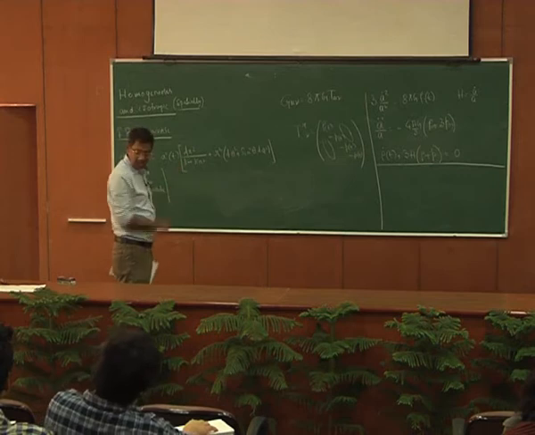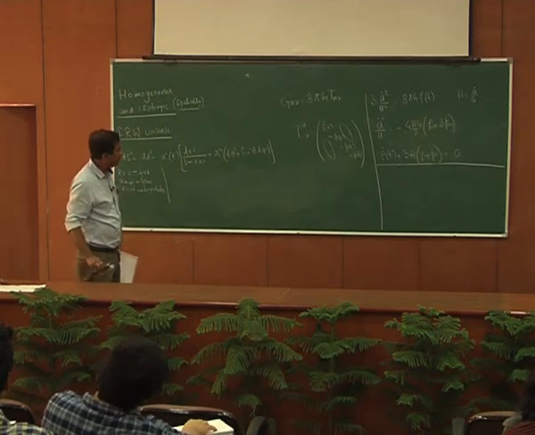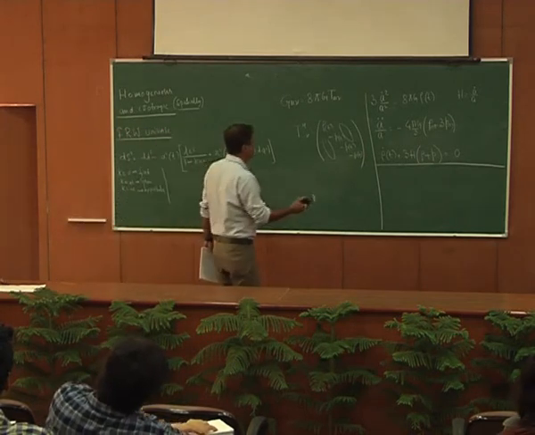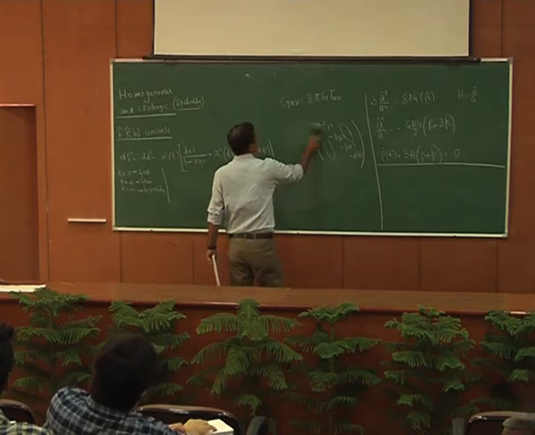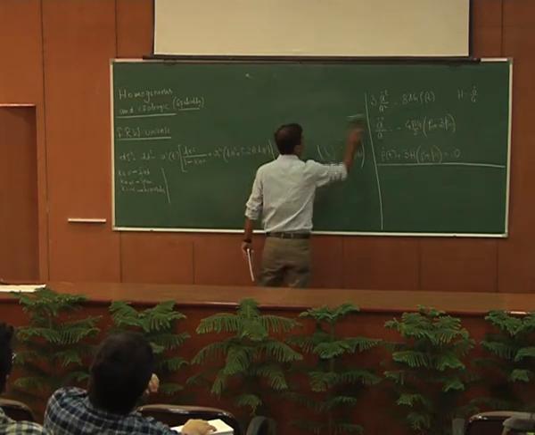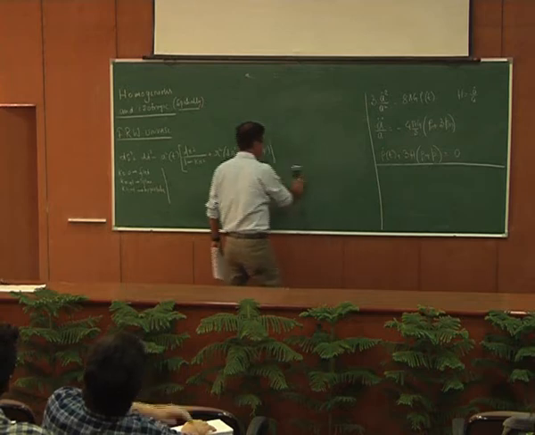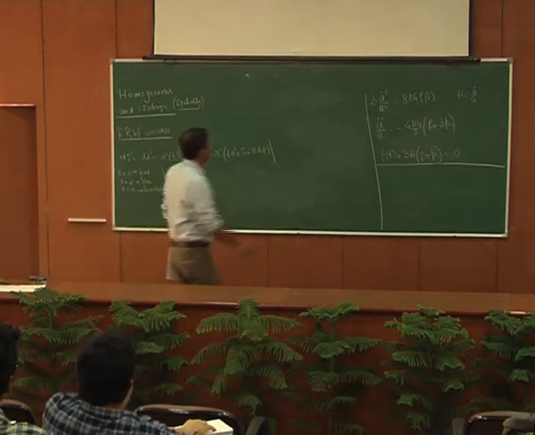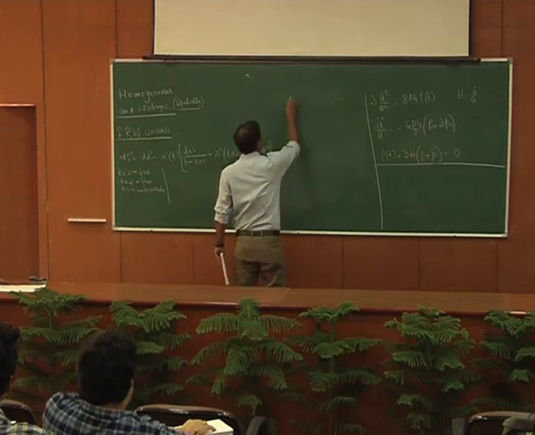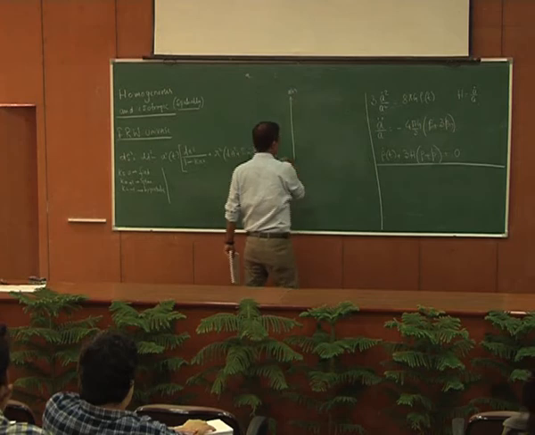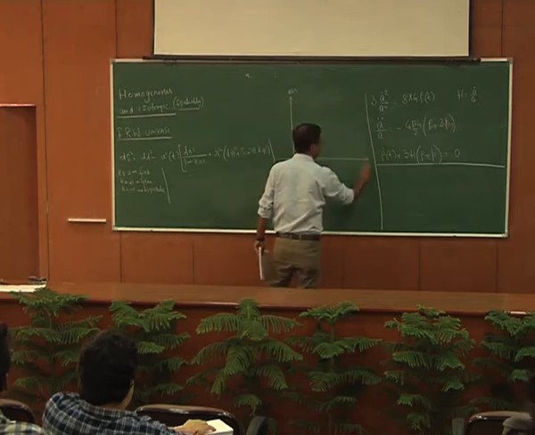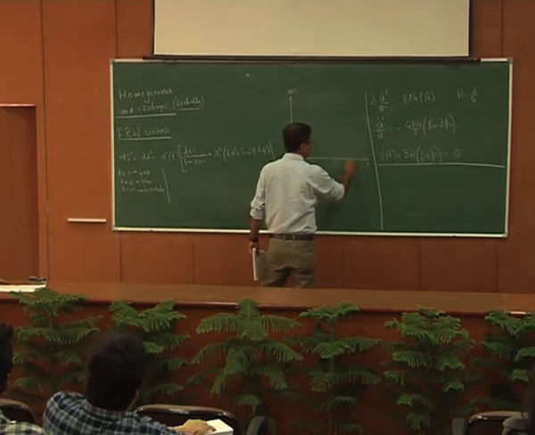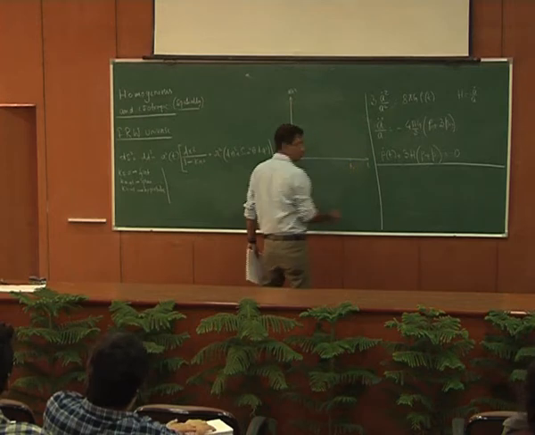From this equation we can get something interesting to know. Let's say you have a as a function of t, with time along this direction, and let's say today is t_0, the present time.